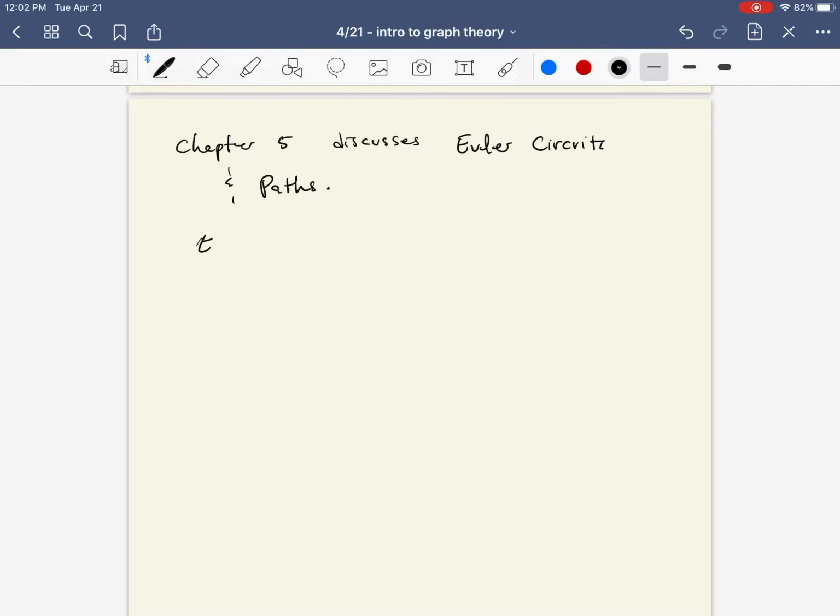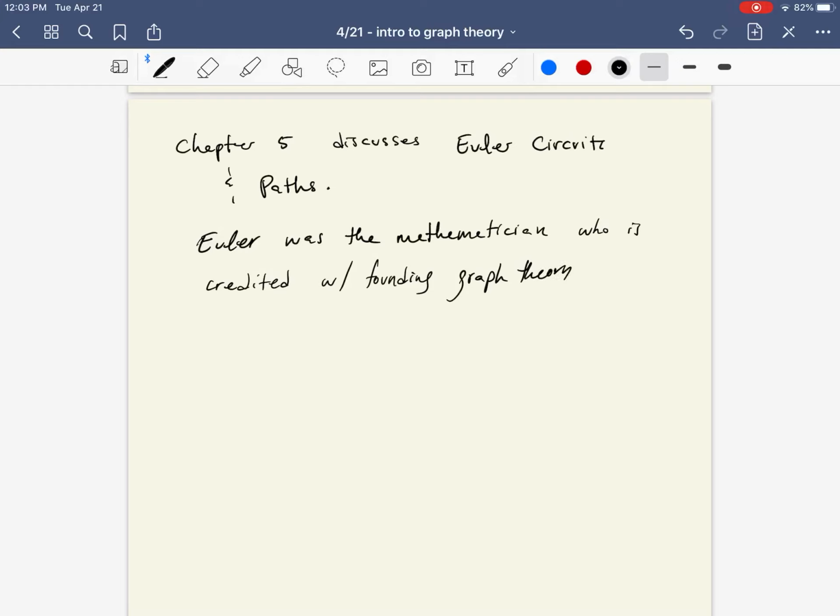This is actually pretty good because Euler was a mathematician, the mathematician who is credited with founding graph theory in the 1700s.